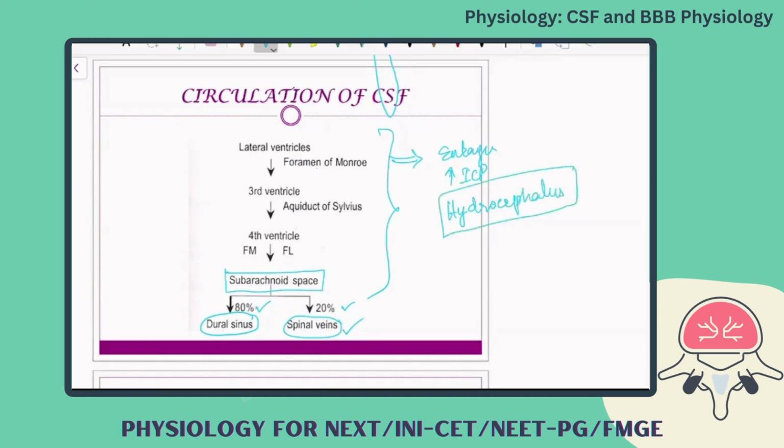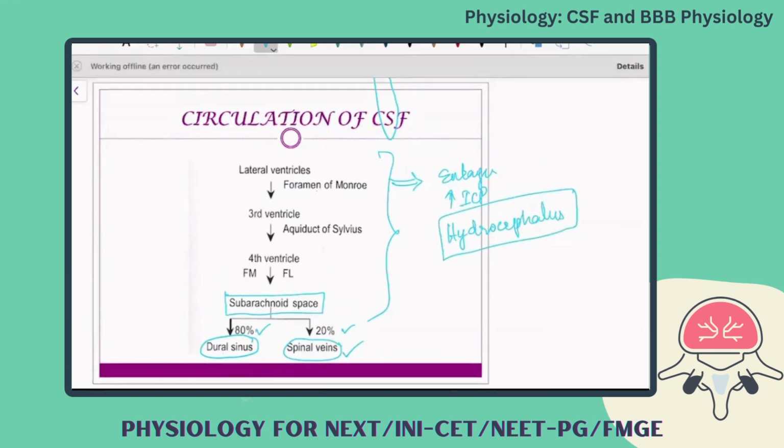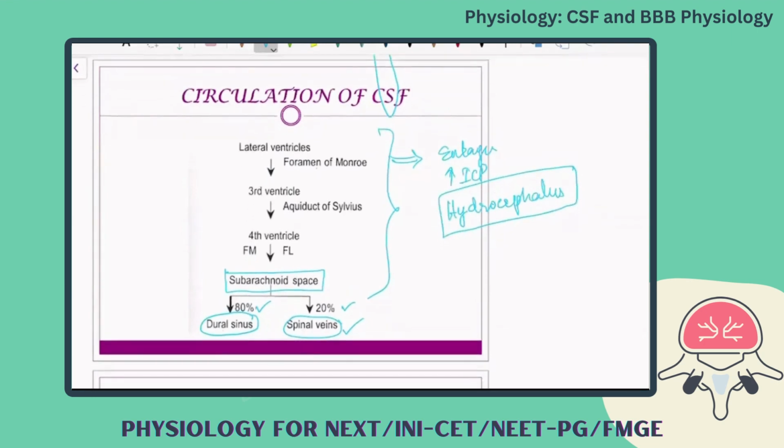It may be obstruction in the pathway of CSF, excessive secretion of CSF, or a problem in the drainage of the CSF. Whatever the cause, you have to consider it as hydrocephalus. Based on the cause, you will find whether it is communicating or non-communicating.